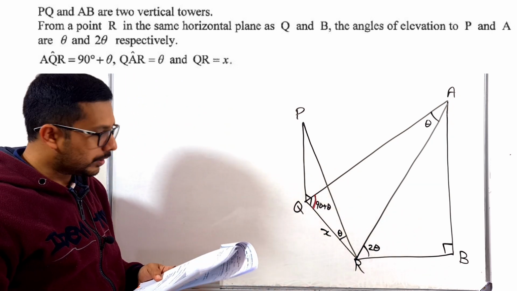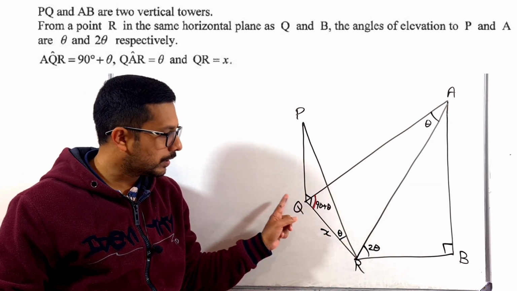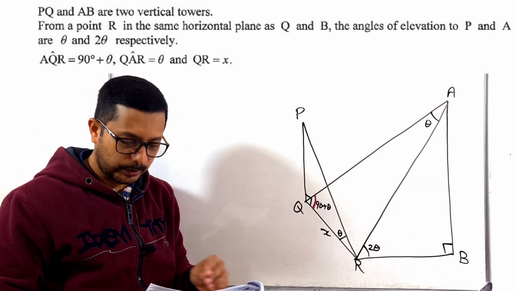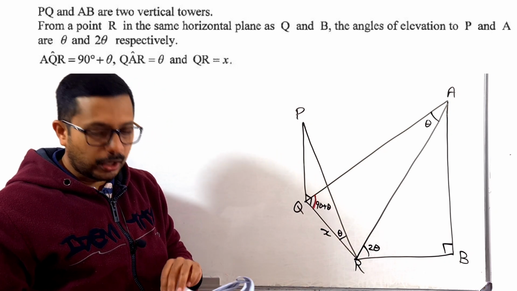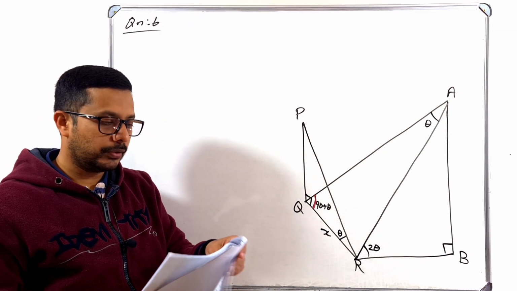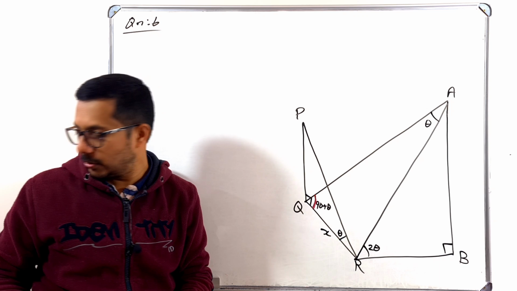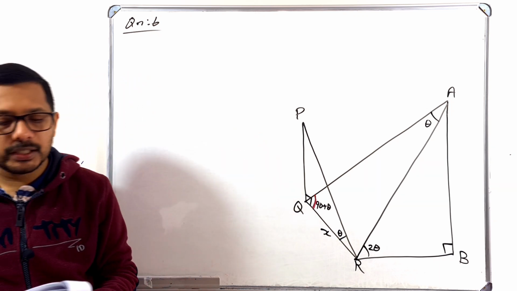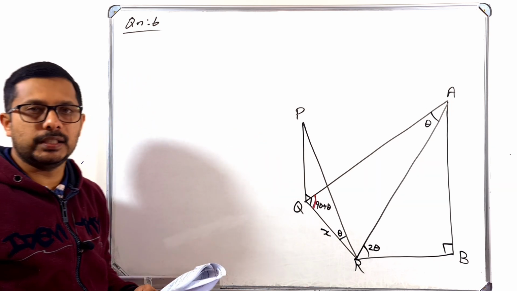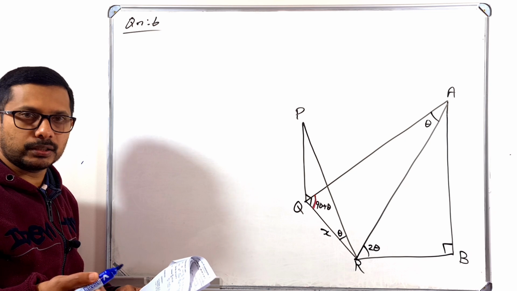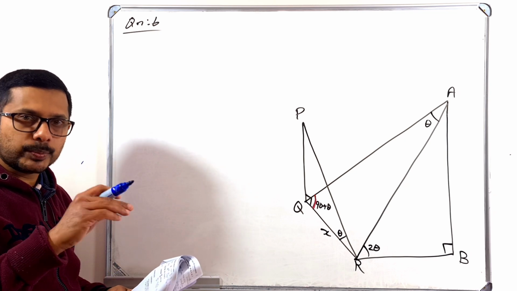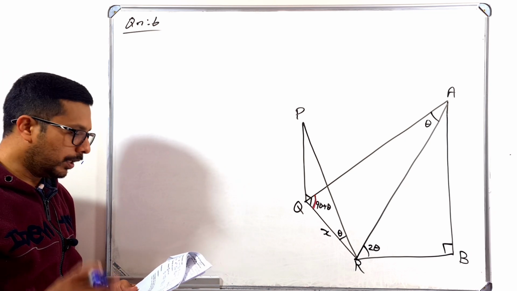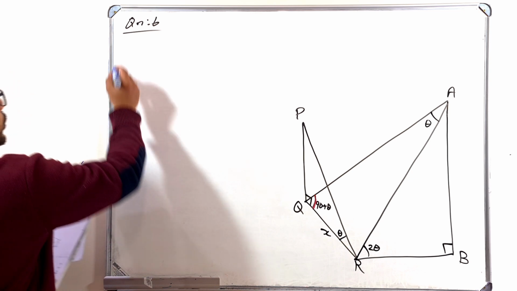Then QR is equal to x. So it is given that this line is x centimeters or units. Now based on this one you have to answer the following questions. What is the first question? Determine in terms of x and theta. So in your answer that you are going to write, there must be x and theta. Okay, and what is the first question? 6.1.1.